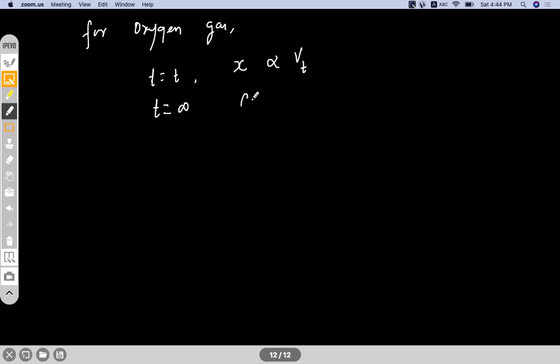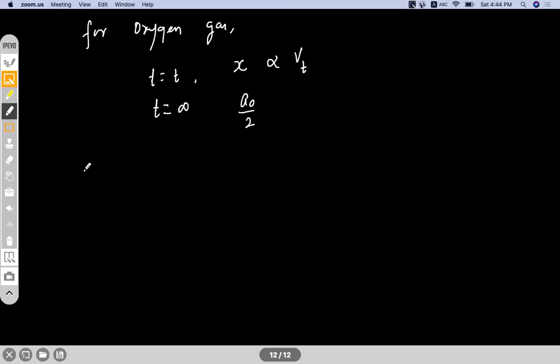So for oxygen gas only, at time t equals t, the amount of oxygen gas x corresponds to some volume, which I am assuming as Vt, because number of moles and volumes are directly proportional. At time t equals infinity, what is the value of O2? The value of O2 is A naught by 2, as written in the reaction. This corresponds to V infinity, because at t infinity we have that.